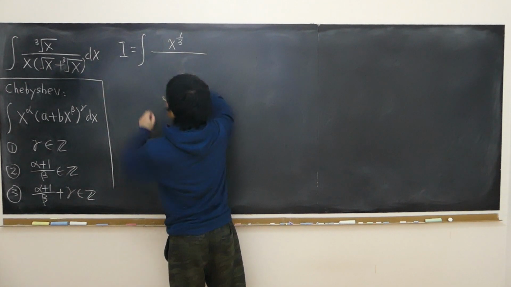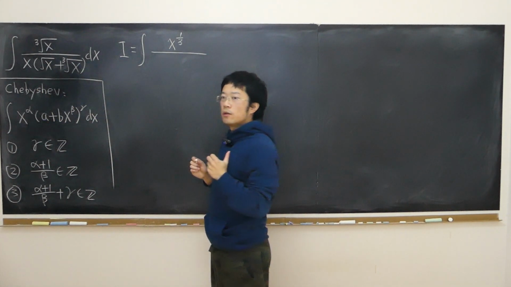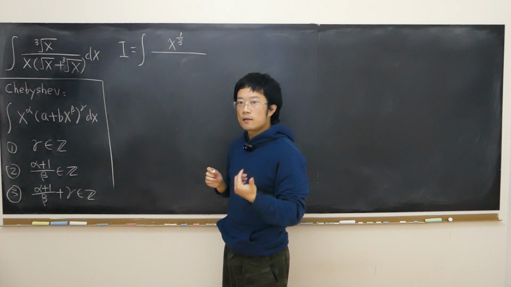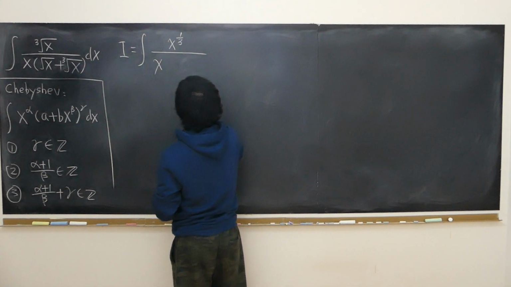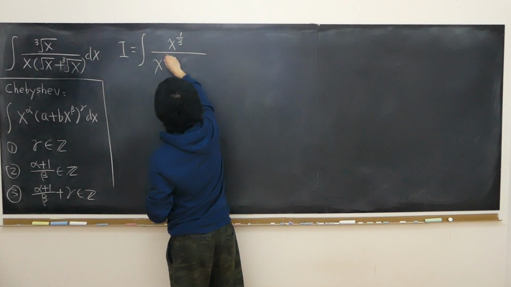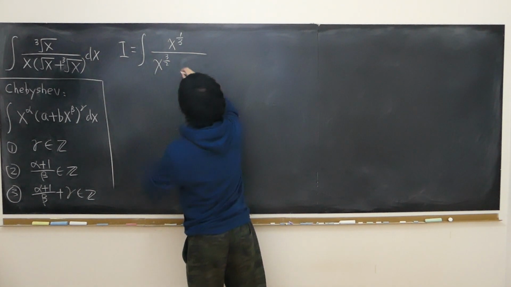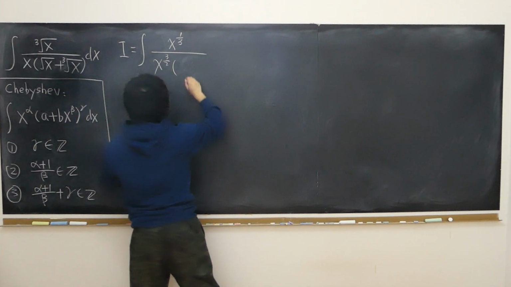Here I have x outside, so x times the square root of x, that's x times x to the half, so that's x to the 3 over 2. Okay, I've extracted the square root of x, so I'm left with 1.